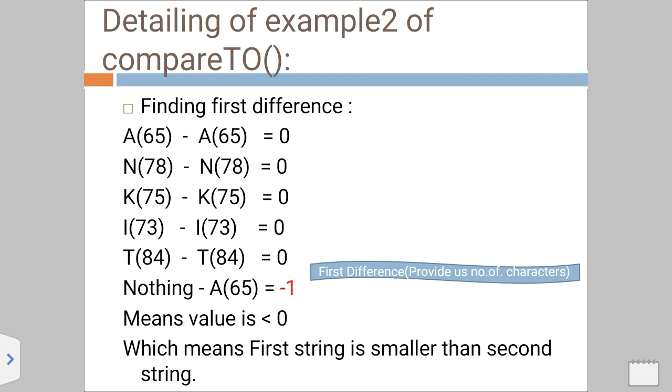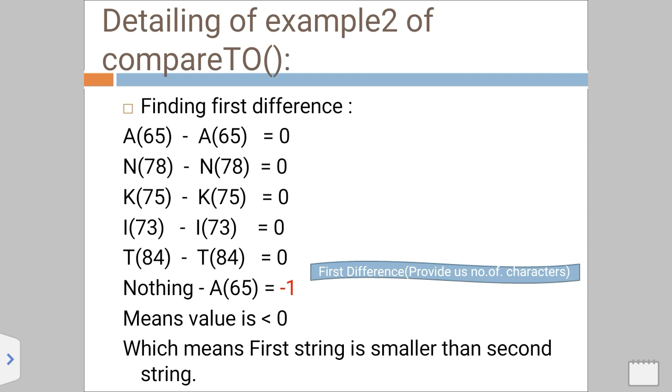Till T we are getting 0, and this function provides us the first difference. Till now we are not getting a difference. And then what are we having? The next one: nothing minus A, meaning we have one character in the second string, so the second one is larger than the first one and has one extra character. That's why we are writing -1.